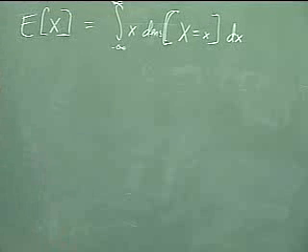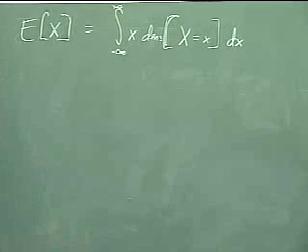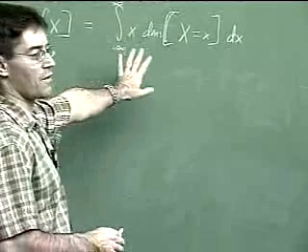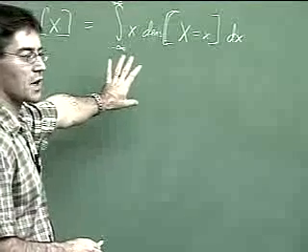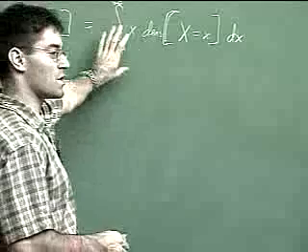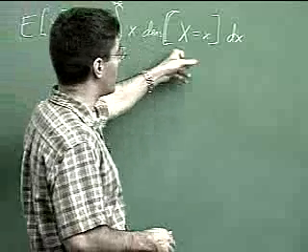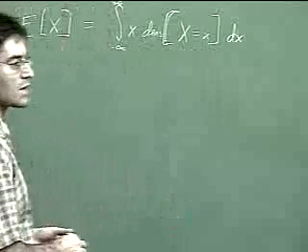Okay? Looks a lot like the formula that you have for discrete random variables, right? Except instead of a summation, you've got an integral. Instead of probability X equals x, you've got density X equals x.